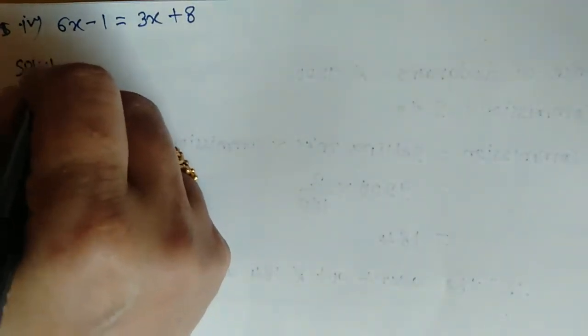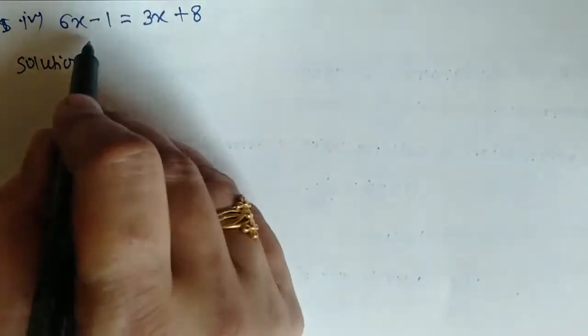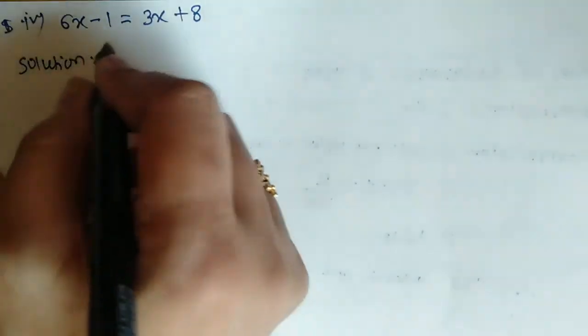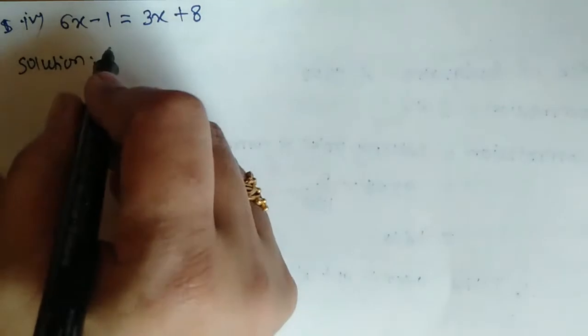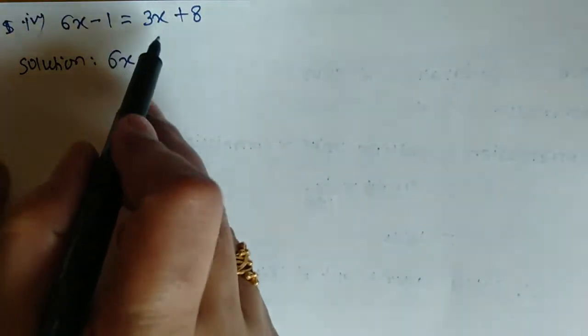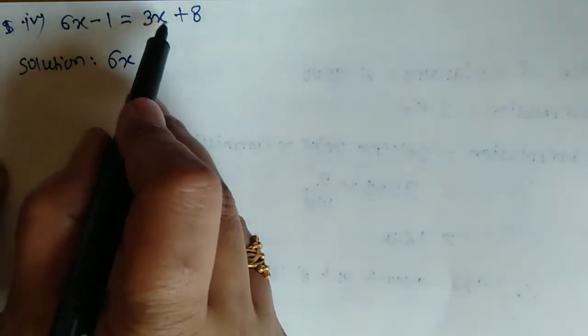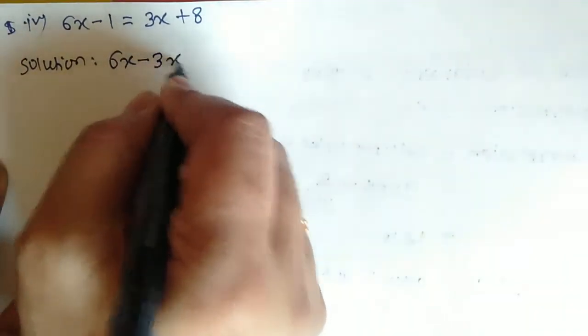See the fourth question. Solution. Here both sides contain the variable term. So firstly we collect the variable terms on one side and number terms on the other side. So 6x as it is. This thrice x comes to the left side, then it becomes negative.